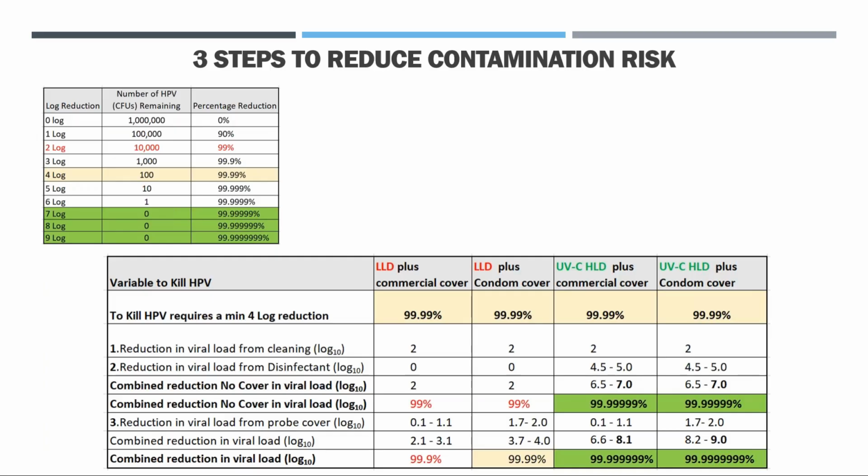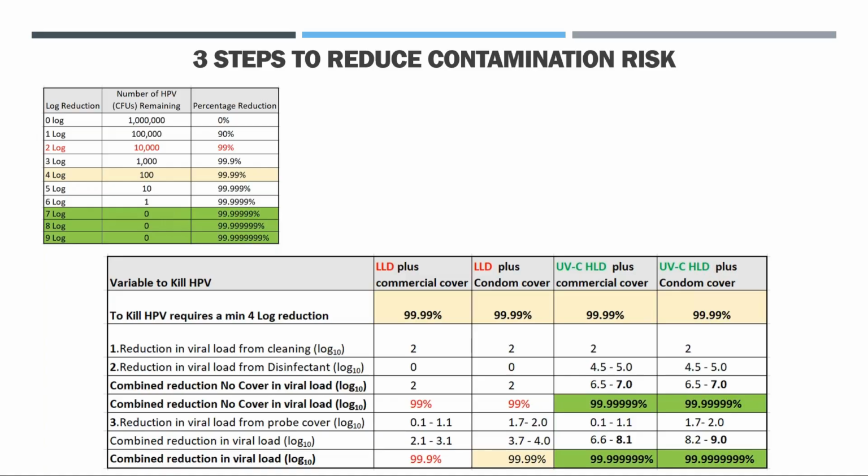Again, 3 steps to reduce contamination risk. You can see, of course, on the left, 0 logs give you no percent reduction. Once you get into the green, 7 to 9 logs, you're talking about tremendous reductions of 99.9999% inactivation. And so if you started with 1 million HPV, by the time you reach 7 logs, you've completely eliminated all the HPV.